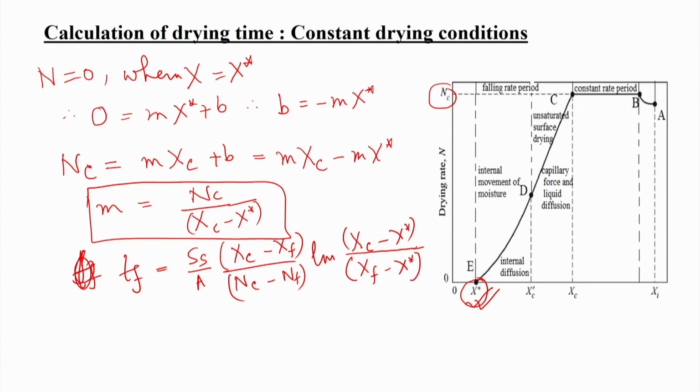So, here we will be putting x_c - x_f by n_c, and we have m = (n_c - n_f)/(x_c - x_f), so we will be putting 1/m in place of this.